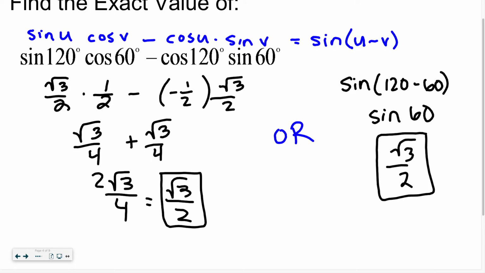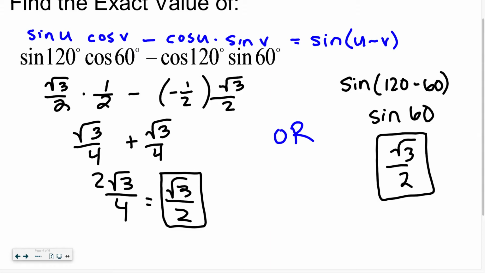There will be some questions, I think, on the homework, just as an FYI, where instead of asking you to find the exact value of, it will say write, how do they word it? They say something like write this expression as the sum or difference of a single one of the two angles.